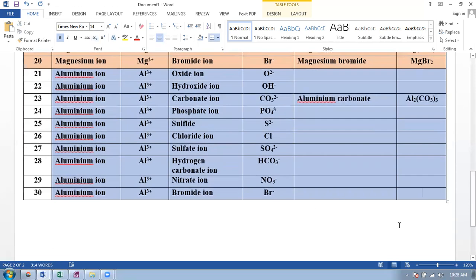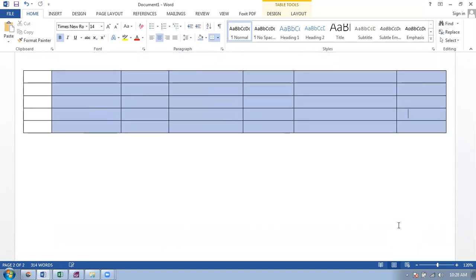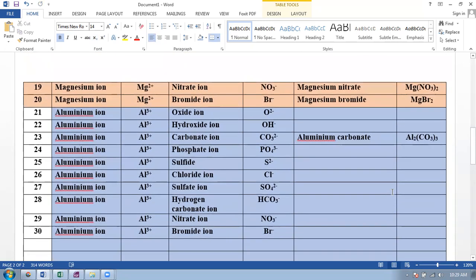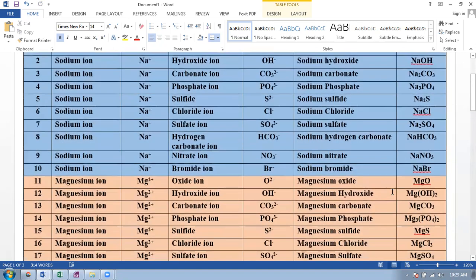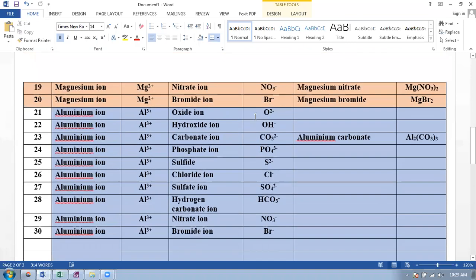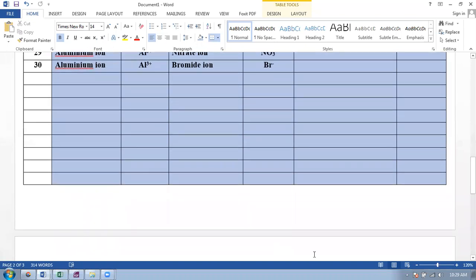I can give you some more. So these are some positive ions. This is the style to form positive and negative ions. Here you have got some negative ions, and I can give you some other positive ions. For example, lithium ion. It is Li plus.